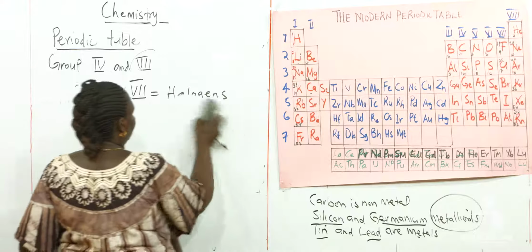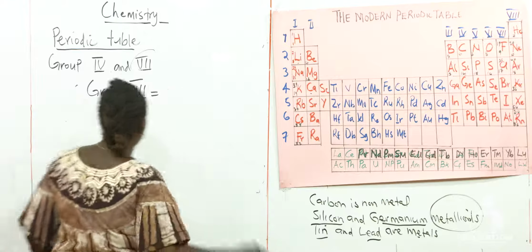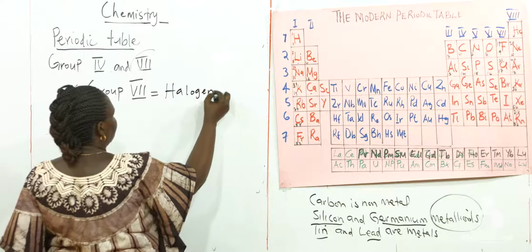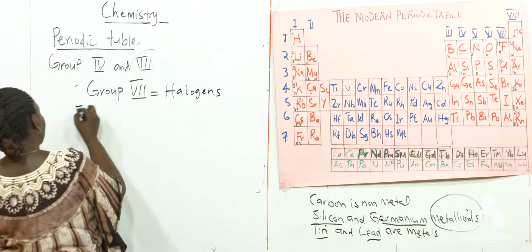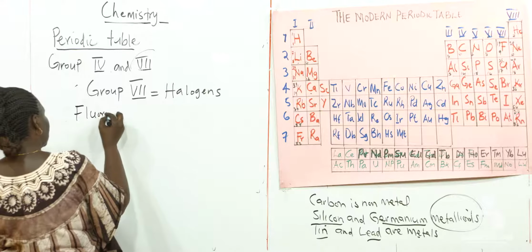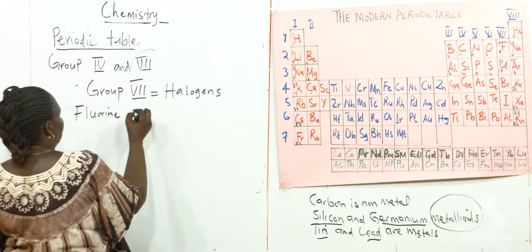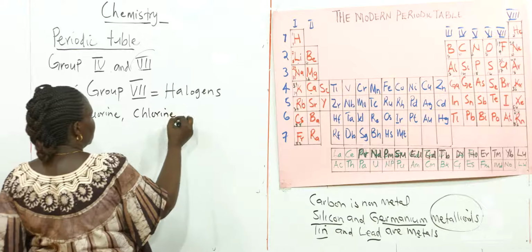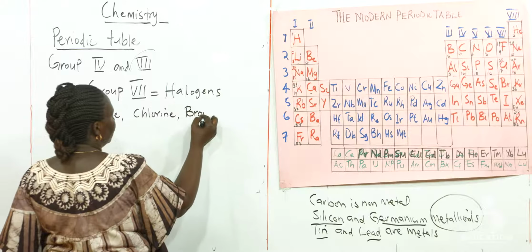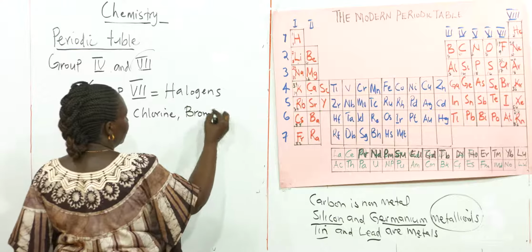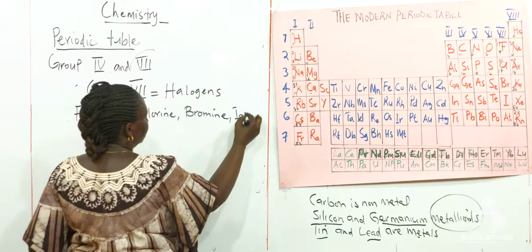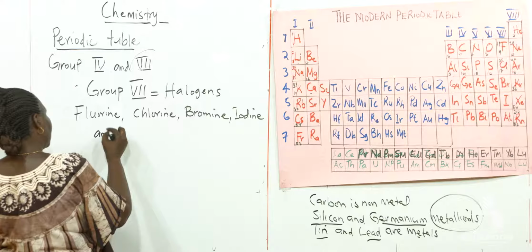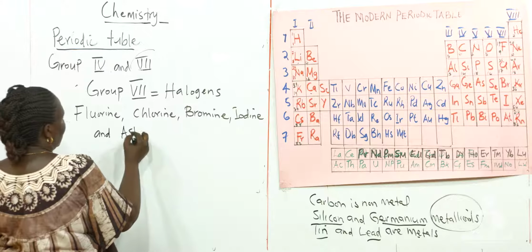So we have the halogens, members of group 7: fluorine, chlorine, bromine, iodine, and astatine.